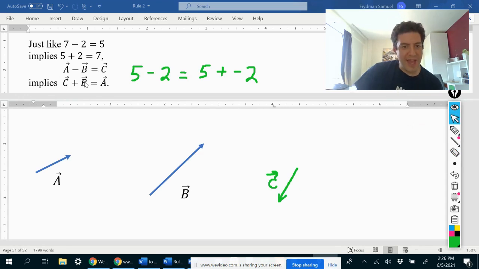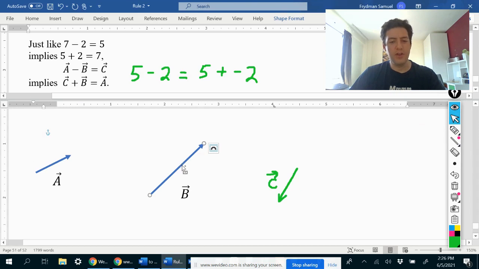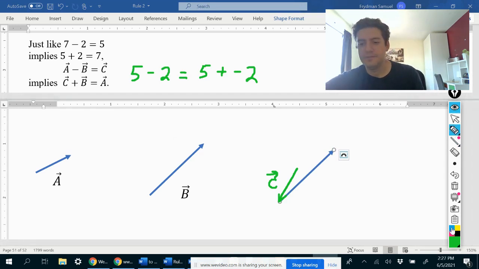This is telling me to add vector B to vector C. So let's do that. Okay, and then I'll do the sum this time in pink.